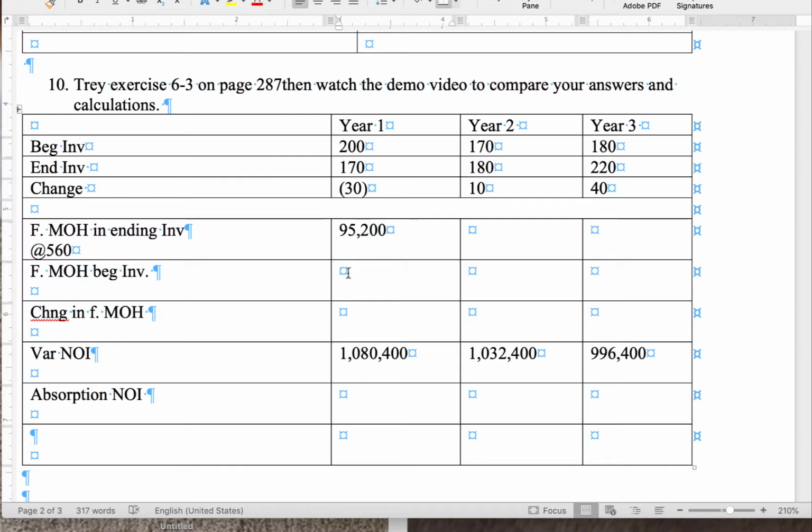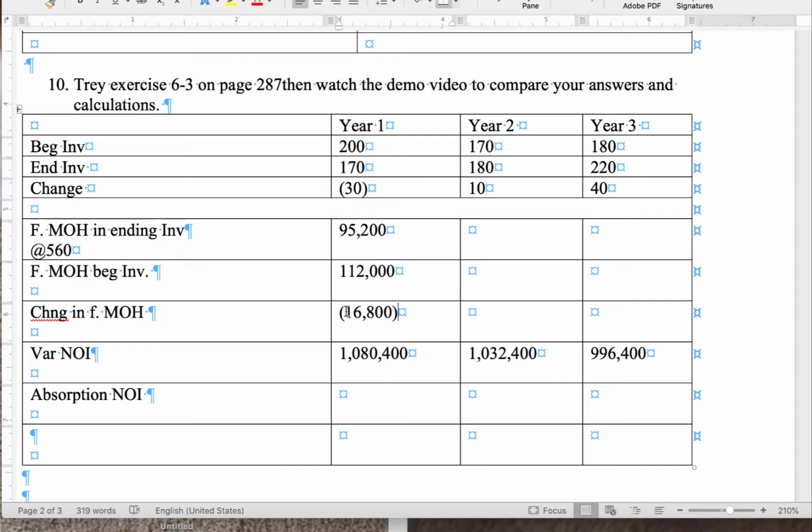I'm then going to calculate the fixed manufacturing overhead in my beginning inventory. That's easy: 200 times 560 gives me $112,000. When I subtract these two, I have a negative $16,800. So what's going on here? My inventory from the beginning of the year to the end of the year is decreasing.